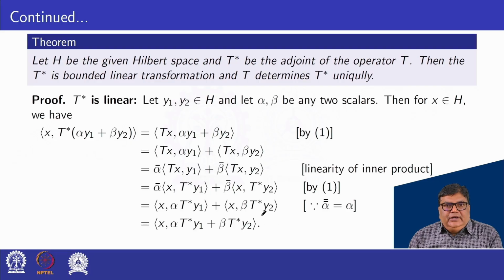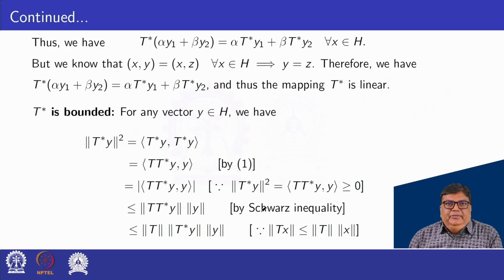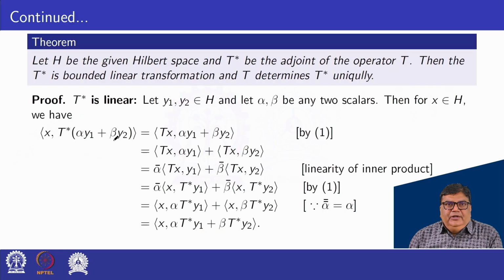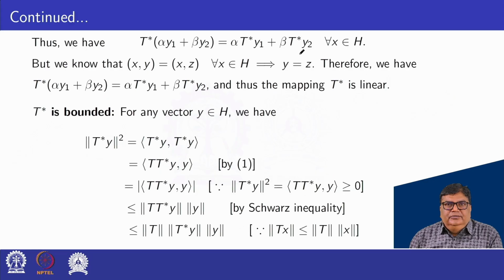So again using the linearity property of inner product, this can be written as inner product of x and alpha T star y1 plus beta T star y2. Thus we have T star (alpha y1 plus beta y2) is equal to alpha T star y1 plus beta T star y2 for all x belonging to H. Because we know that if inner product of x, y equals inner product of x, z, then y is equal to z.